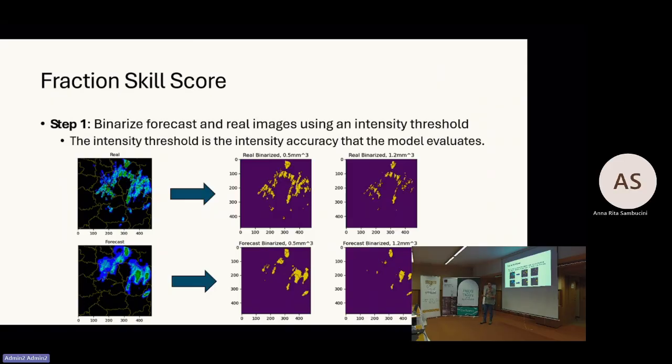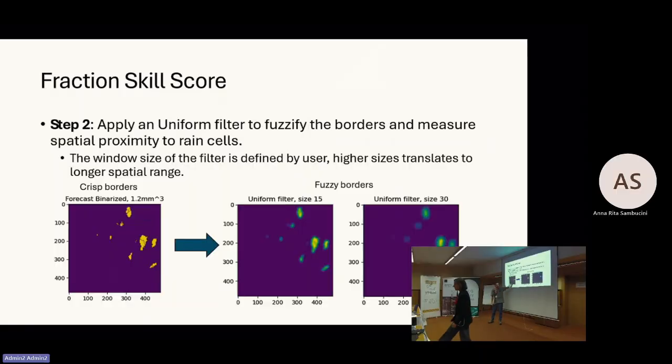If we want to evaluate the model with extreme scenarios, we will choose a very high value. Here we have some examples with two different intervals where we binarize the image, so it has values of zeros and ones.